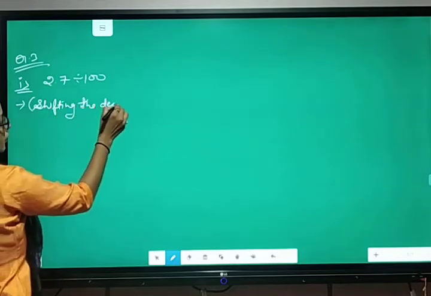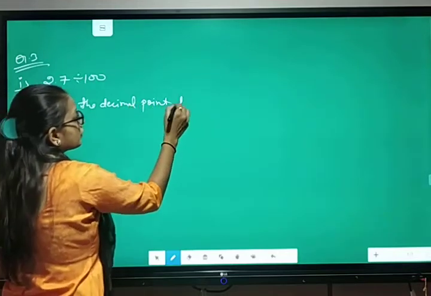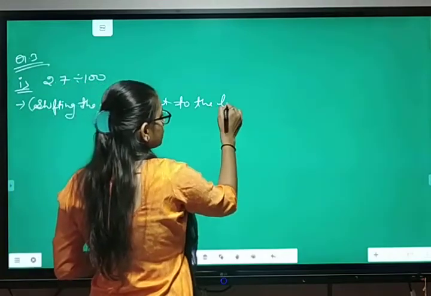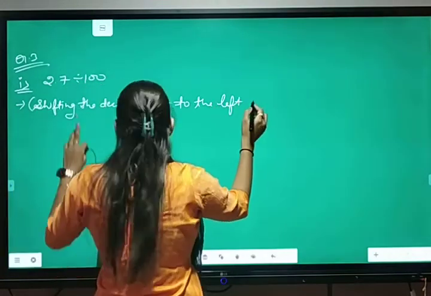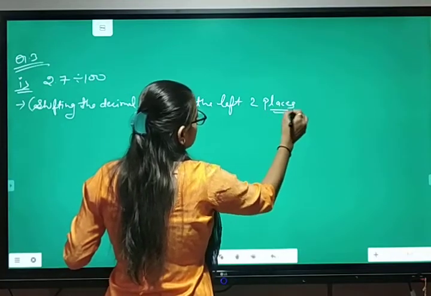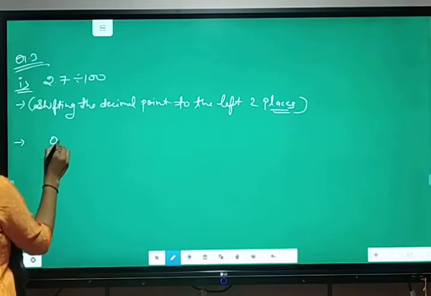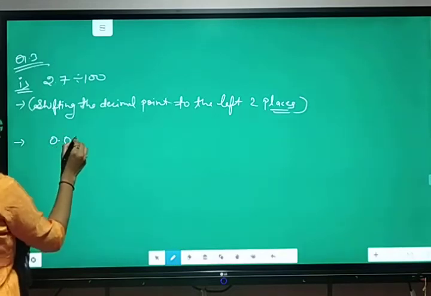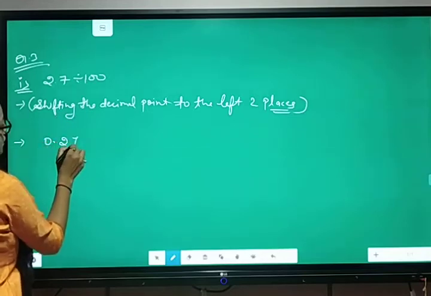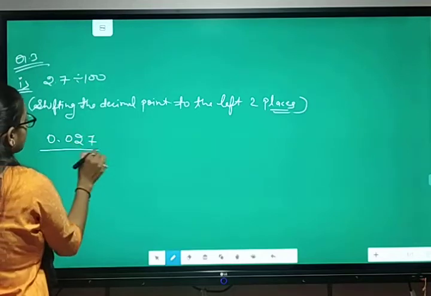Shifting the decimal point to the left 2 places. So we can write answer is 0.027. Clear?